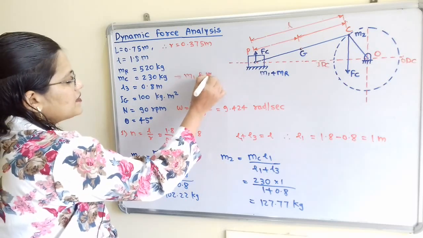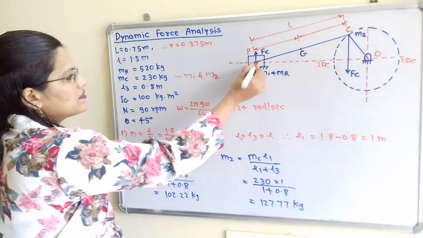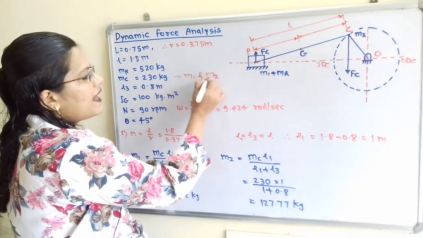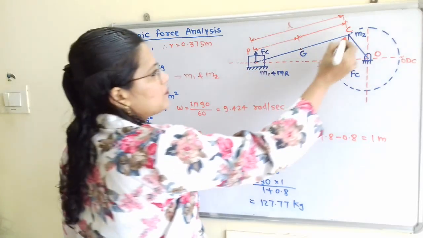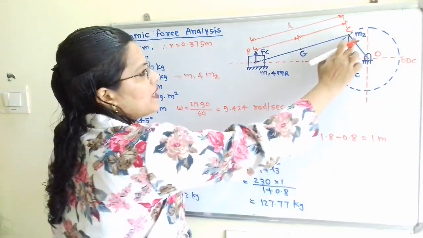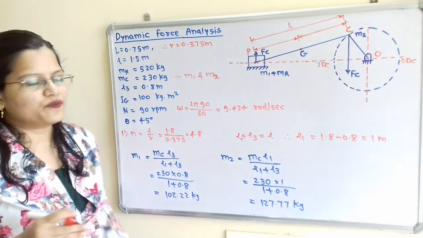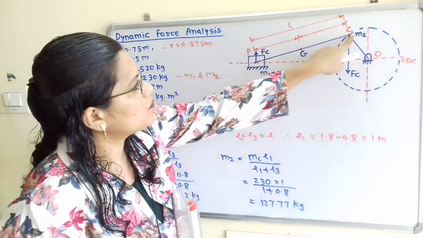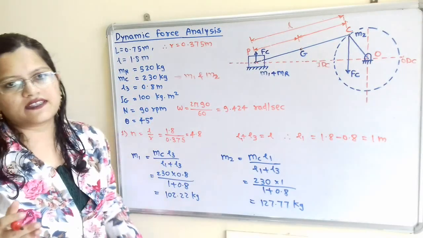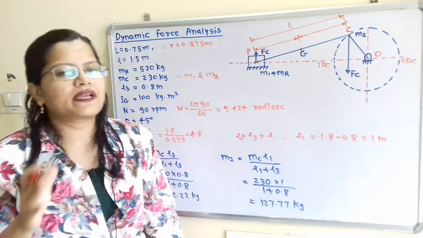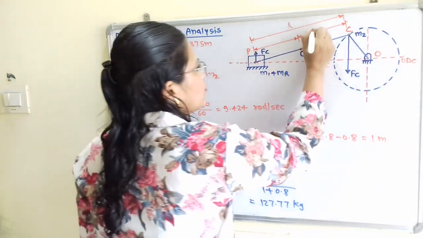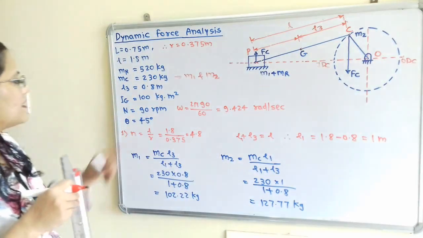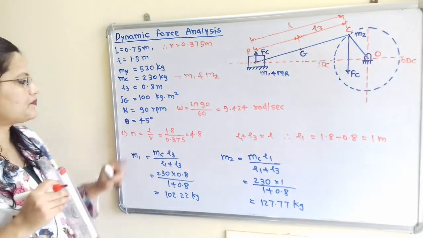This mass M1 we have to place at this gudgeon pin P, and we have to place this mass M2 at the crank pin C. The distance from the center of gravity to this point C is L3, because this is a non-dynamically equivalent system. This distance L3 is also given, and that is 0.8 meter.